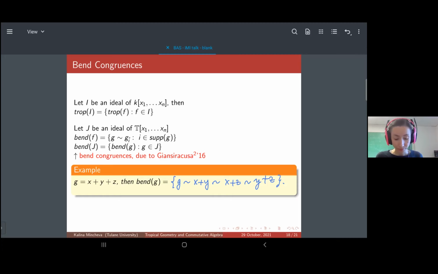Okay, so why is this meaningful in any way? It is because it sort of abstracts or captures the minimum attained at least twice, algebraically.